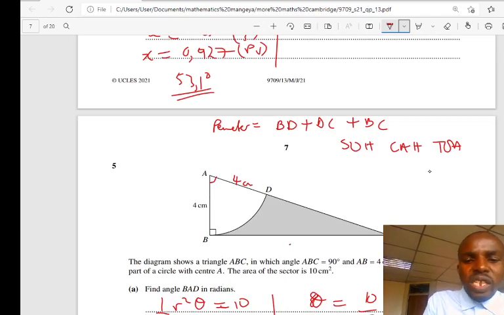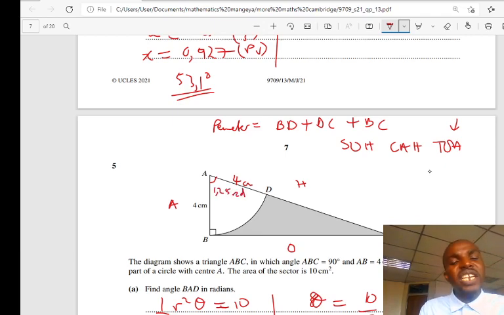This one is opposite, this one is adjacent, this one is the hypotenuse. To find BC, the opposite, we are given the adjacent. Opposite over adjacent is tan. So we say tan of the angle 1.25 radians is equal to opposite over adjacent, which is BC over 4.